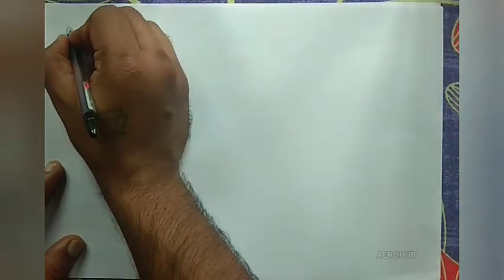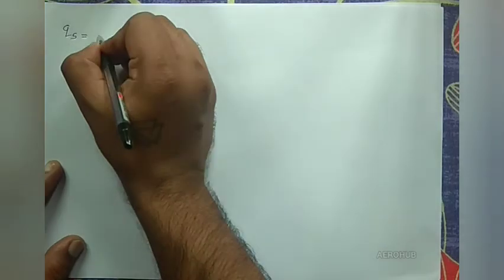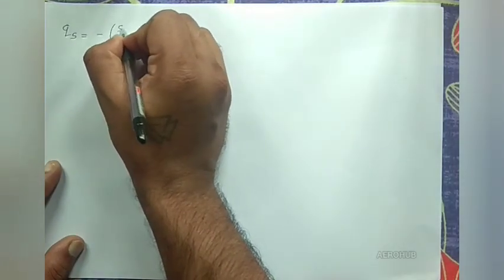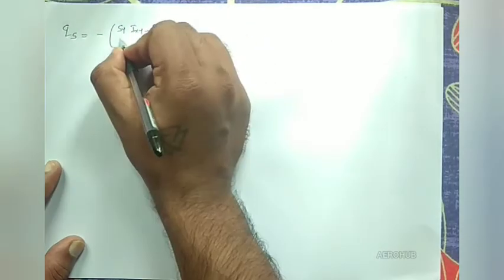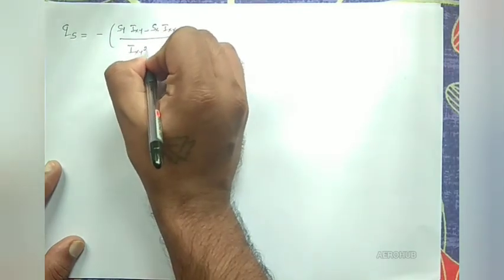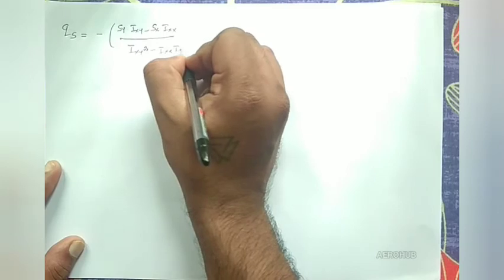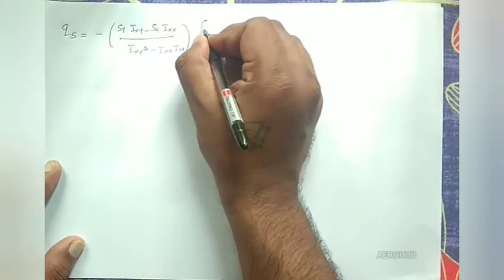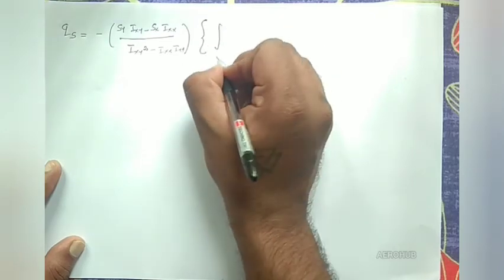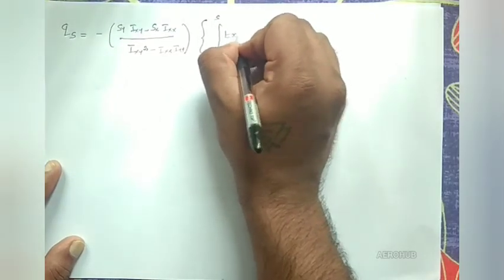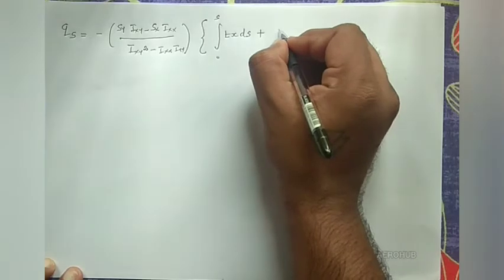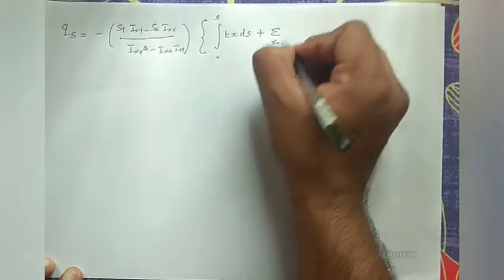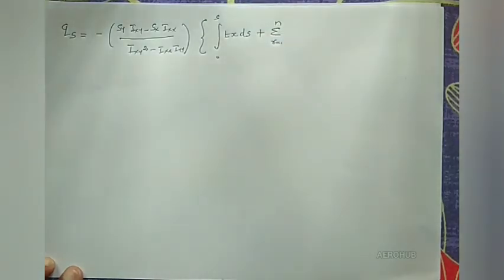The general equation is given by Qs is equal to minus (Sy Ixy − Sx Ixx) divided by Ixy² − IxxIyy, into the first part, integral 0 to s of t x ds, plus equation number 3, summation r equals 1 to n of BR XR, for a section having a number of booms.